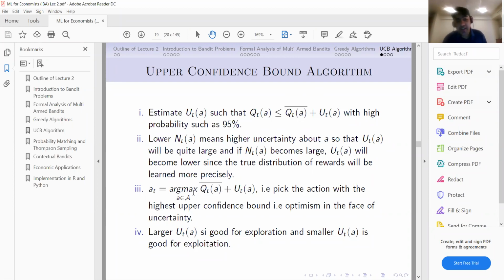It chooses the action which maximizes the average reward from action A till time t plus this bonus term. So you maximize not Q bar, but Q bar plus U, where U is this upper confidence term. Or in other words, you choose the action which has the highest upper confidence bound, right? So remember, again, you're being very optimistic in the face of uncertainty.